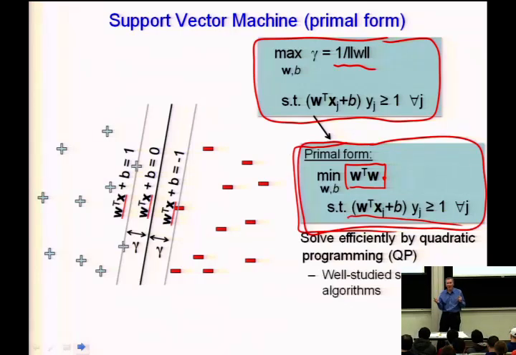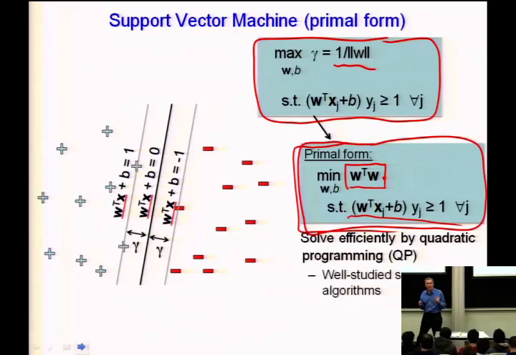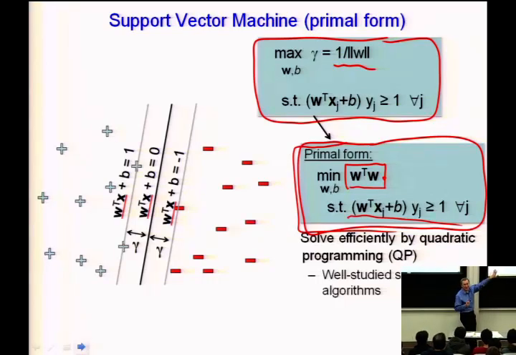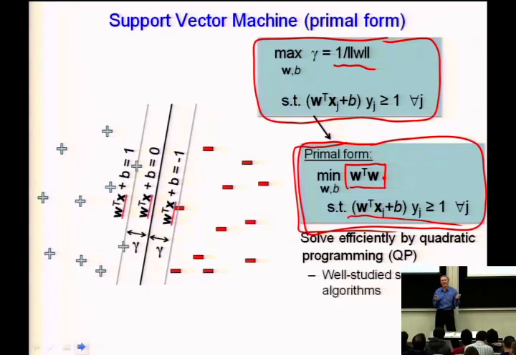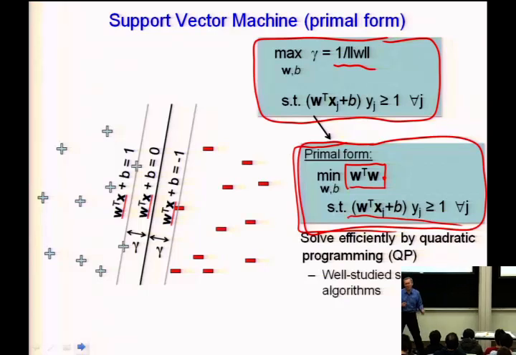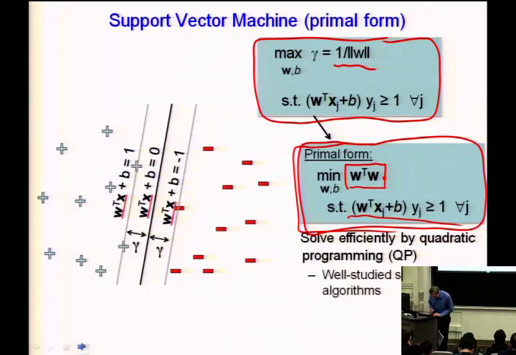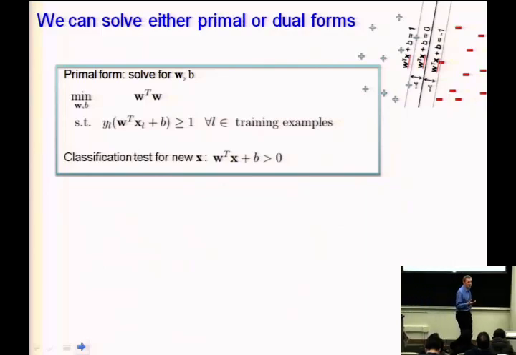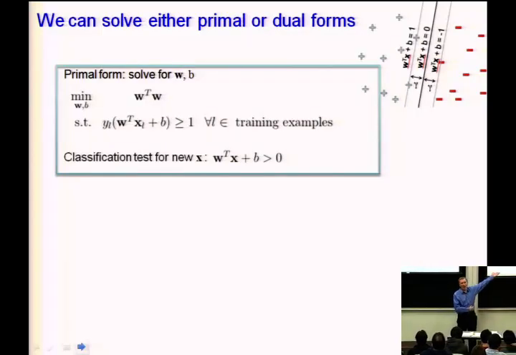So if we can optimize it, we don't have to worry about local minima. So this is a great objective function for us on both scores. There are good algorithms for solving it, and if we can find a local optimum, we get the global one. Okay? Okay, so that's the primal form. And if we can just solve this, we're done.